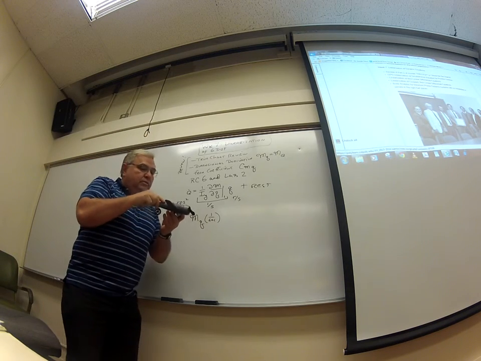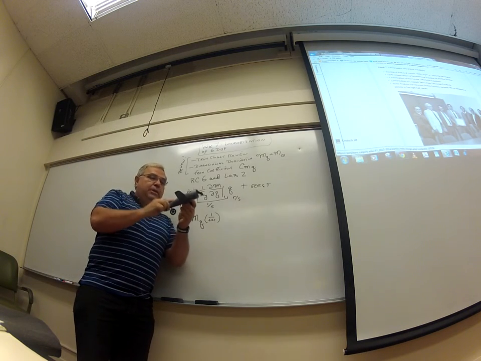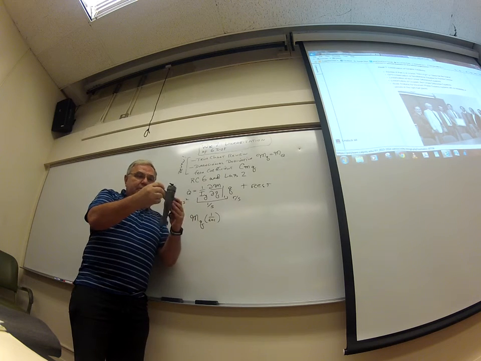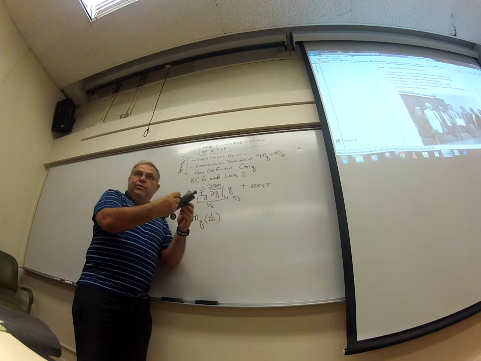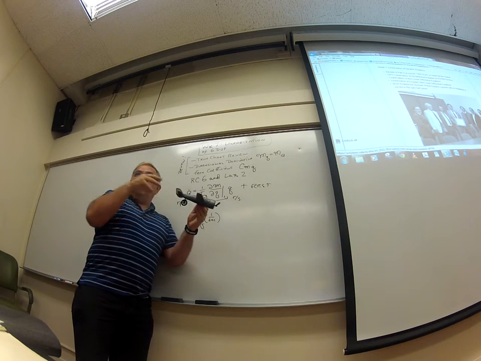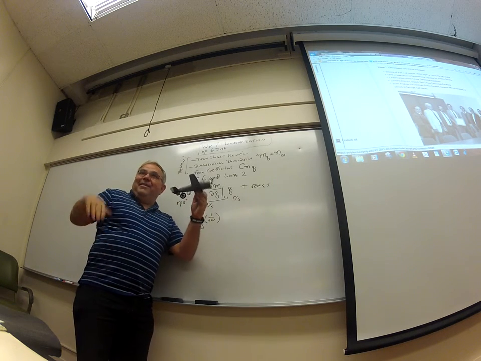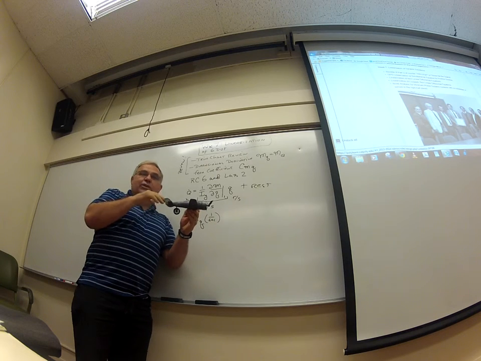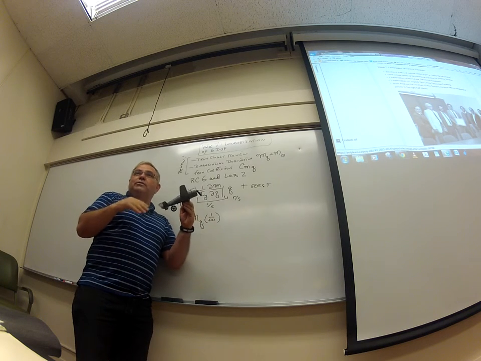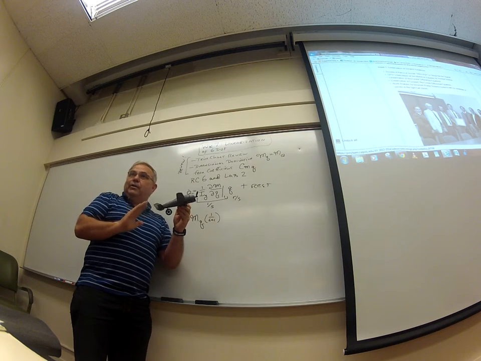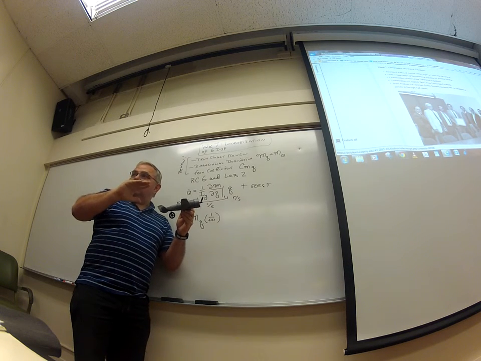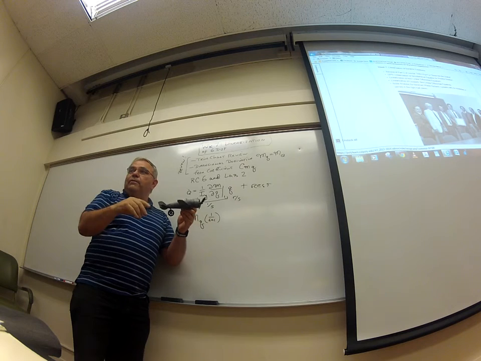Whenever I have a pitching rate, a Q, you see how the tail is wagging in the breeze back there? The longer the tail, the more it would be wagging. So it's generating an angle of attack that's opposing the motion, that wants to counter that motion. Otherwise, it would spin out of control.